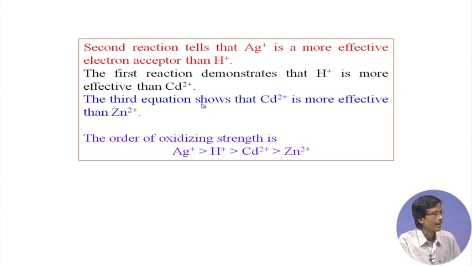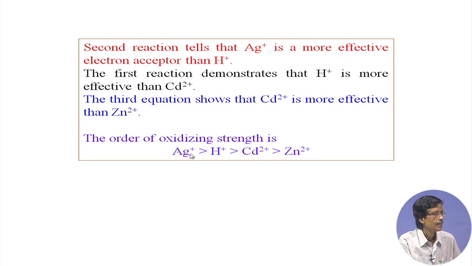Similarly, the second reaction tells us that Ag plus, the silver ion, is a more effective electron acceptor than H plus. In a competitive situation, whether the silver ion will accept electrons or H plus will accept electrons, it is the silver ion which is more effective in terms of electron acceptance.